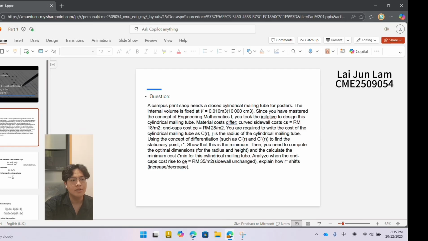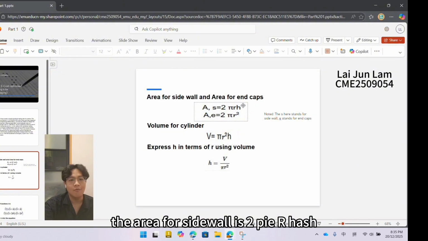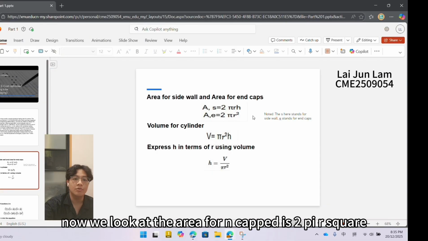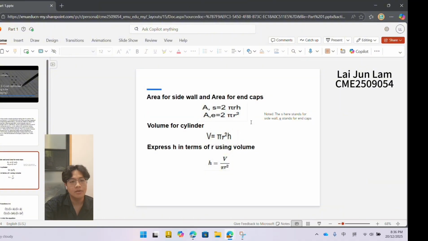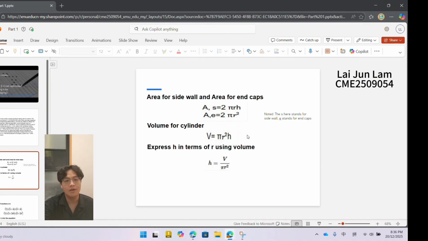So when we look at the next slide, the area for the side wall is 2πrh, where h is an unknown variable. The area for the end caps is 2πr². We all know the volume of a cylinder is V = πr²h.